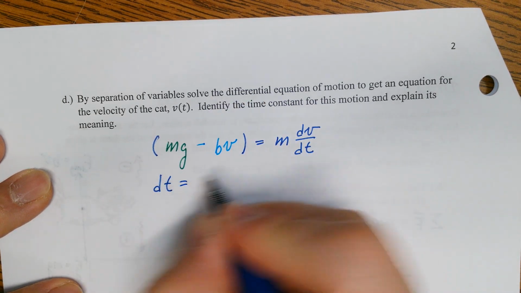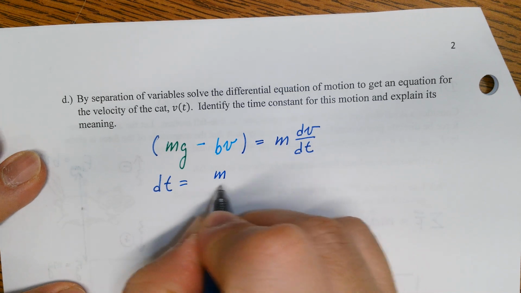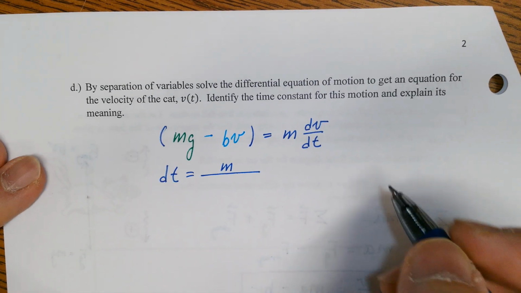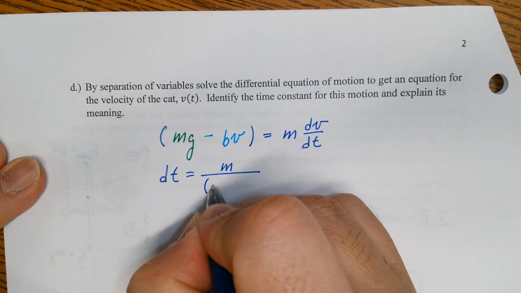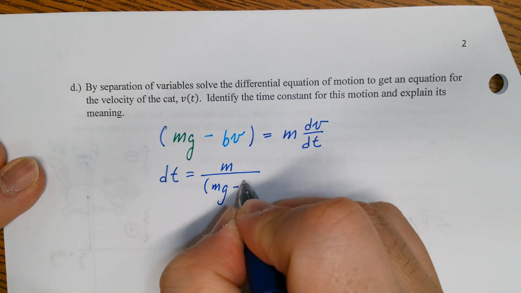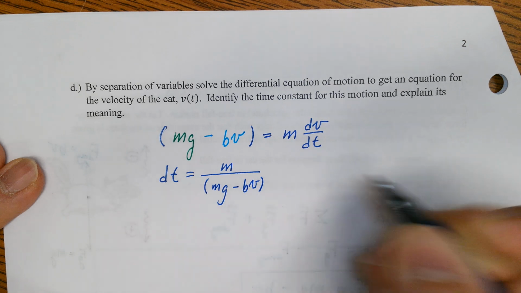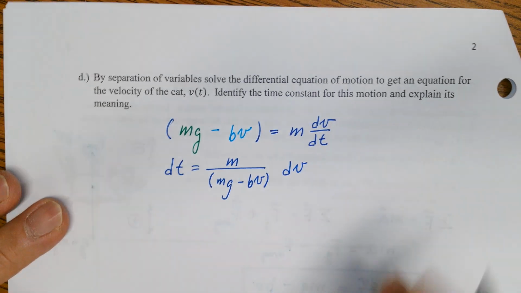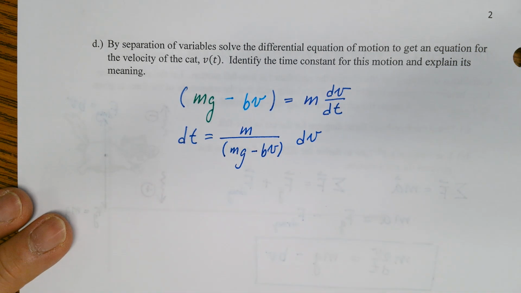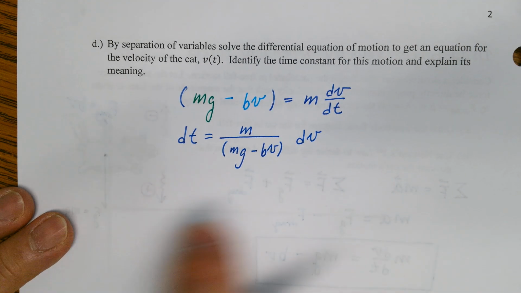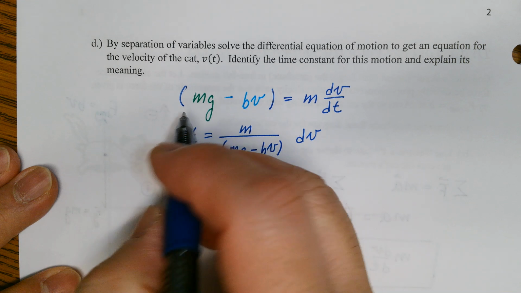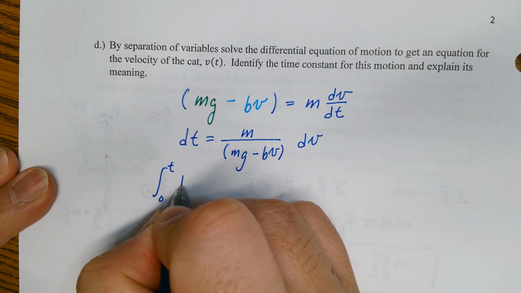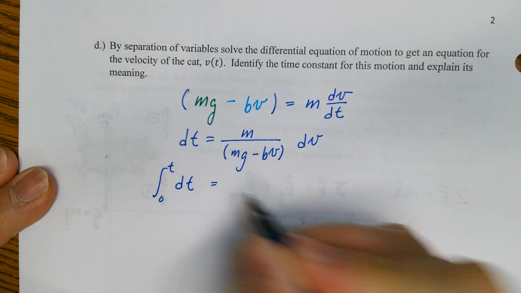So dt is equal to m over (mg minus bv) times dv. Now I need to integrate both sides. If I integrate this side, I get the integral from 0 to t of dt. That's an easy integral.